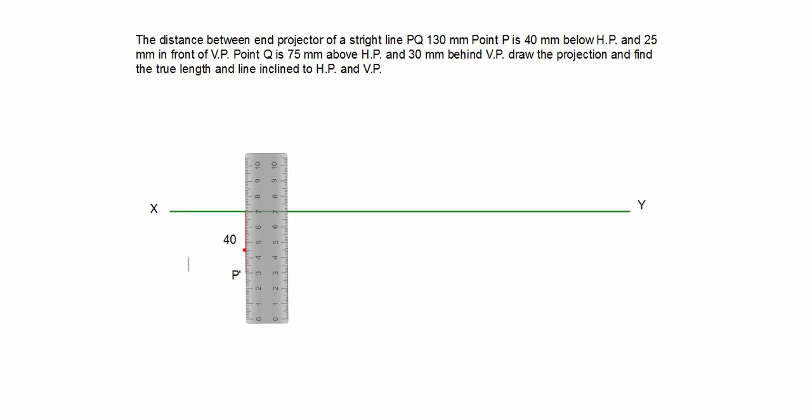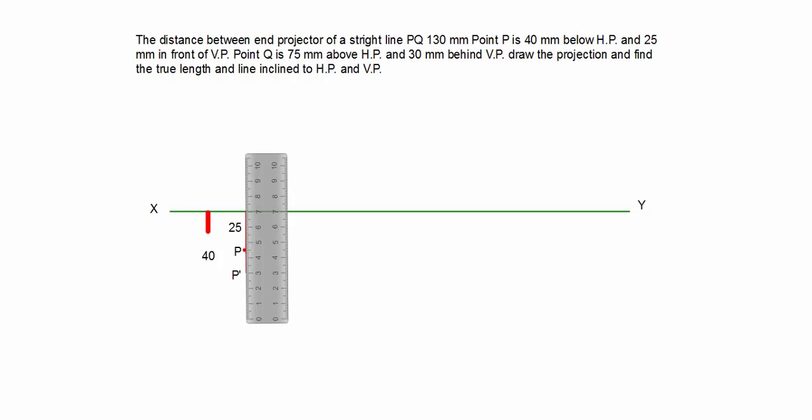Condition with VP, so always it is plan point, and you remember point P is given below HP and in front of VP. It means it is given in fourth quadrant.